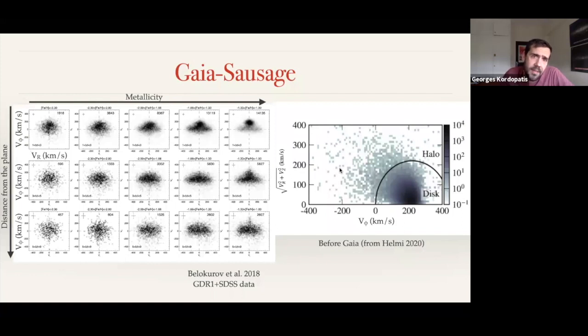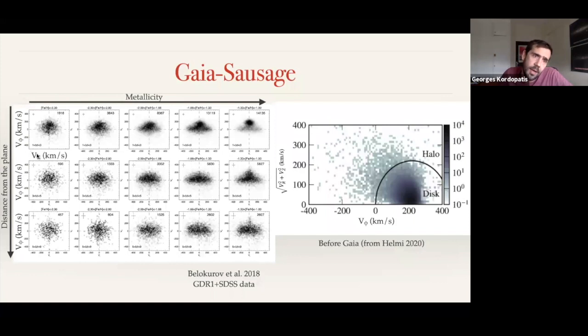They investigated the kinematics of the stars as a function of Z. Here each line is a bin in Z, from 1 to 3 kiloparsecs, from 3 to 5, and 5 to 7. And as a function of metallicity, in increasing bins going from below minus 2.3, so more than 100 times more metal poor than the sun, up to minus 1.